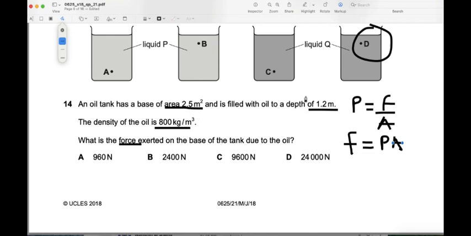And we have the density and we have the height, so we can calculate that pressure. Remember, pressure is rho gh. Pressure in a liquid, because this is oil, is rho gh. For liquid and gas, we use this formula to calculate the pressure.